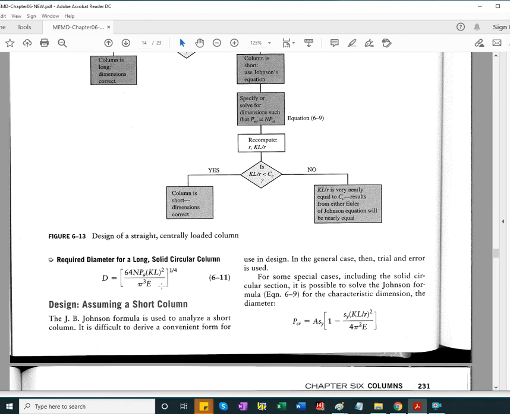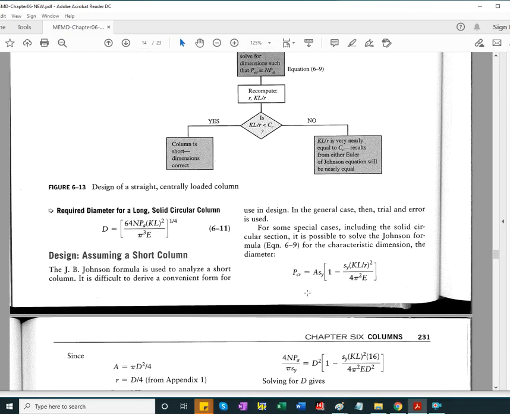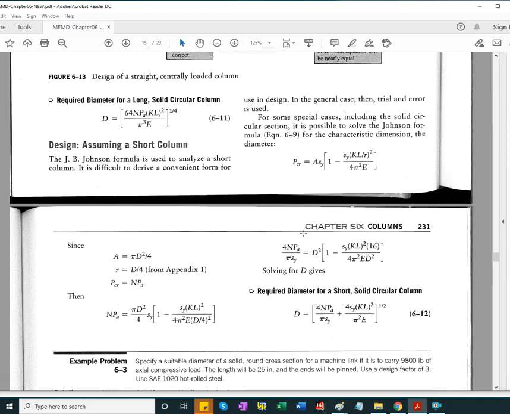If you're using a solid round bar and the predicted type of buckling is elastic buckling, this would be the required diameter if you're given the admissible load, the design factor, fixity coefficient and length. If it's a short column, a similar approach gives us the required diameter for a solid circular section. Okay.